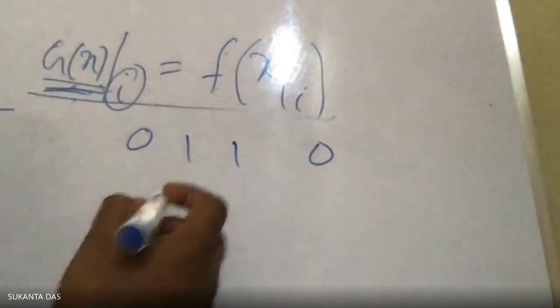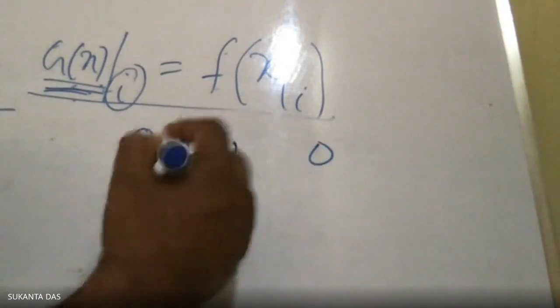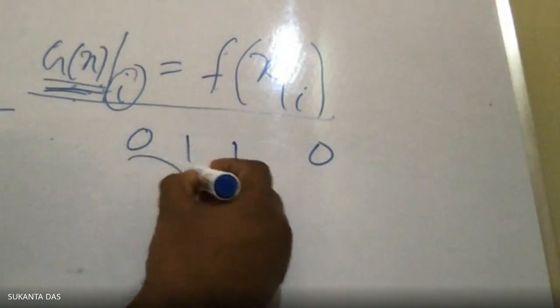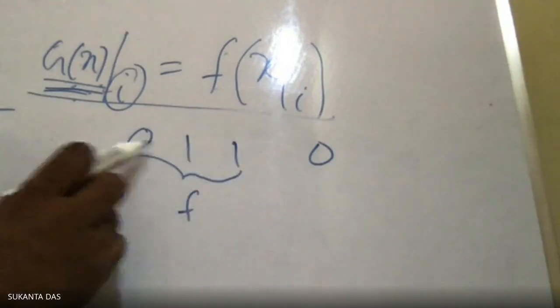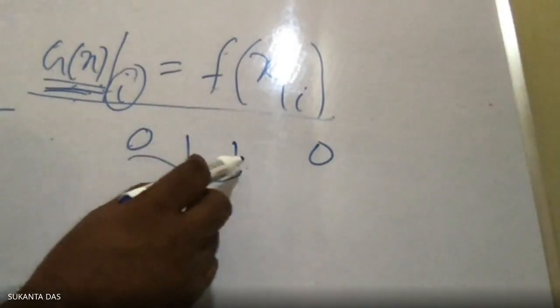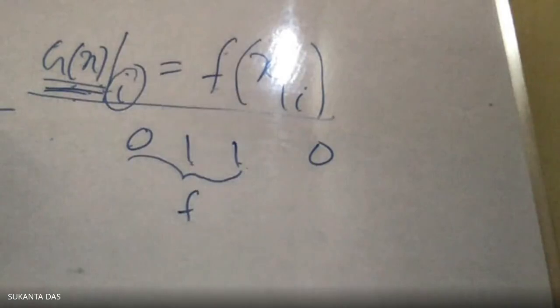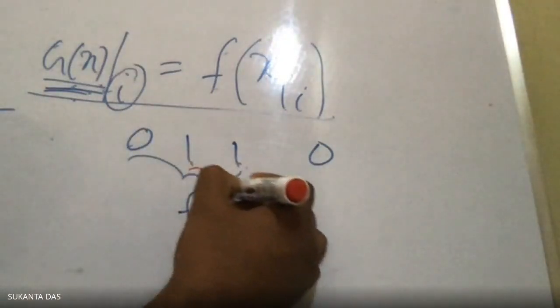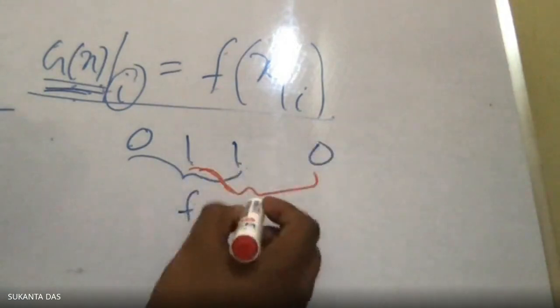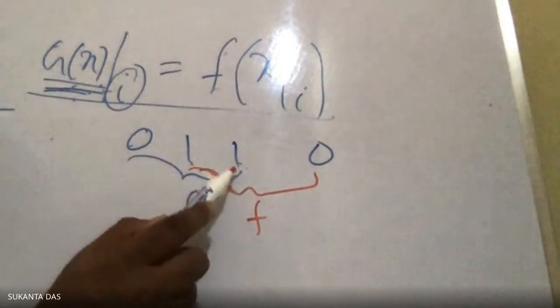In the slide, in the PPT, I have given this example. Suppose I apply this f. It is taking these three arguments: i minus 1, i, and i plus 1. Then I'm getting 1. And for the right side element also, I'm doing the same thing, applying f here. See, it is overlapping.